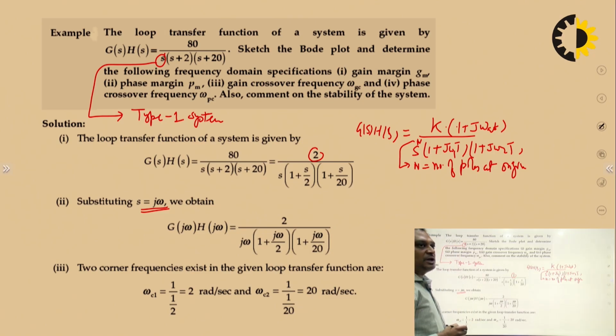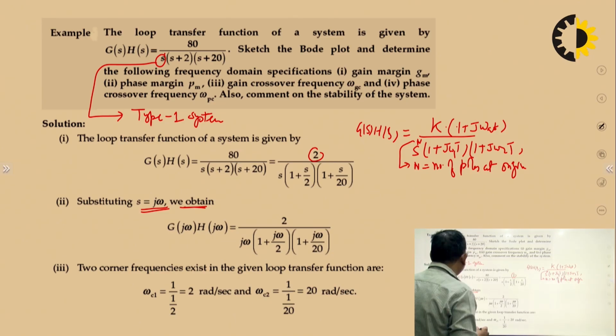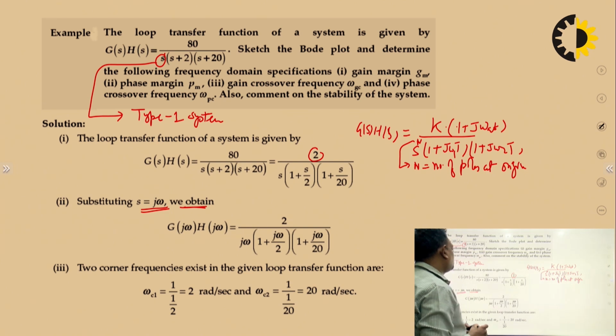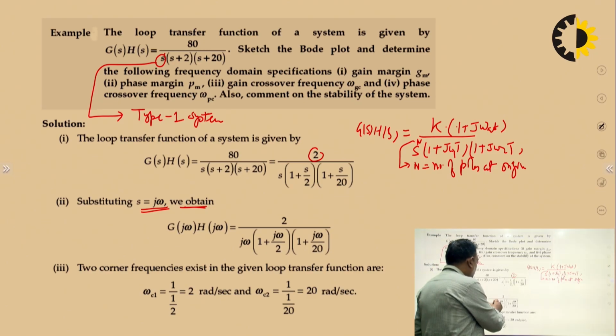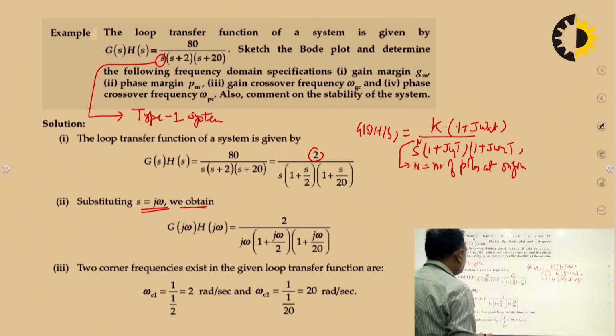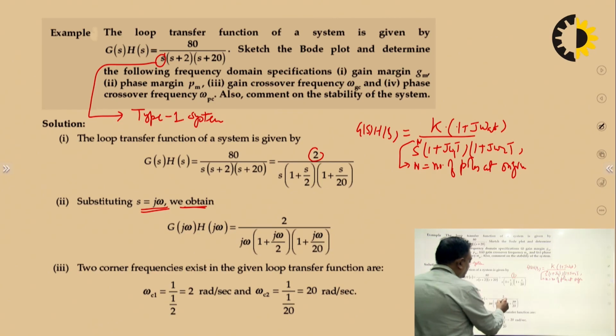Now for sinusoidal frequency analysis, as we have to draw the Bode plot, we will put s equals j omega in the given equation. So it will become G(j omega)H(j omega) equals 2 upon j omega times (1 plus j omega by 2) times (1 plus j omega by 20). When we compare it, we have the corner frequencies.